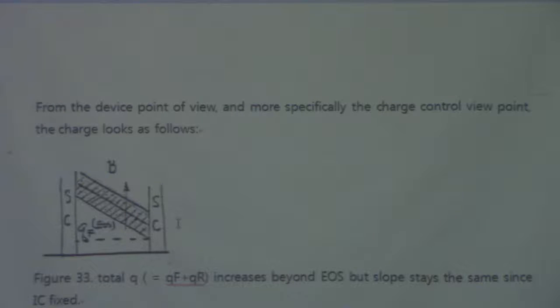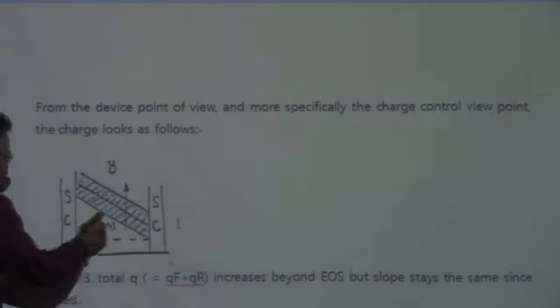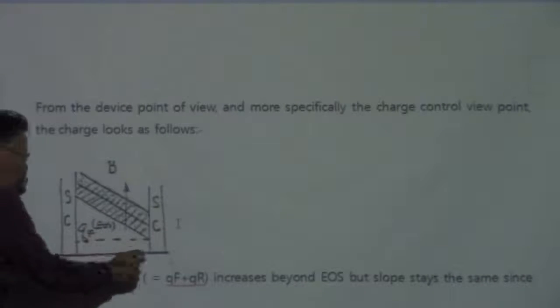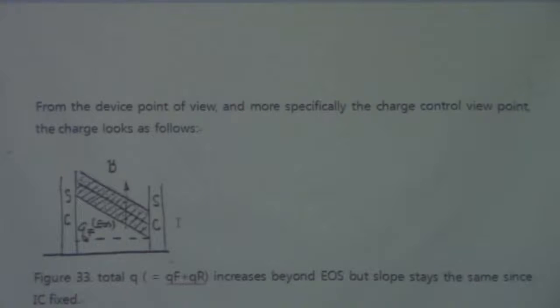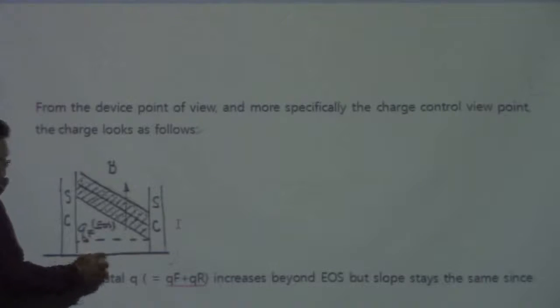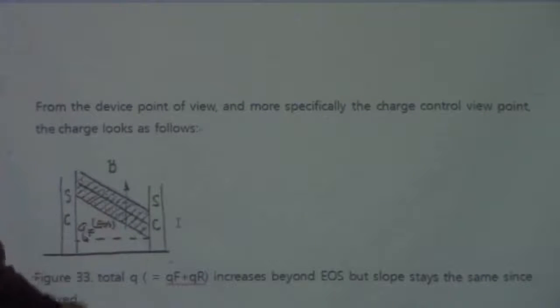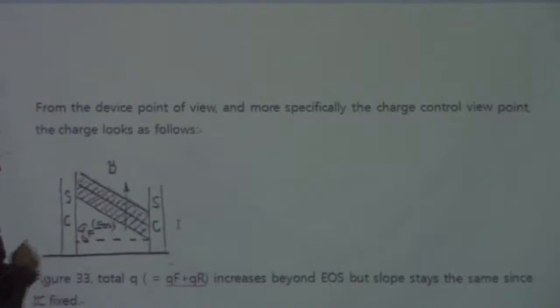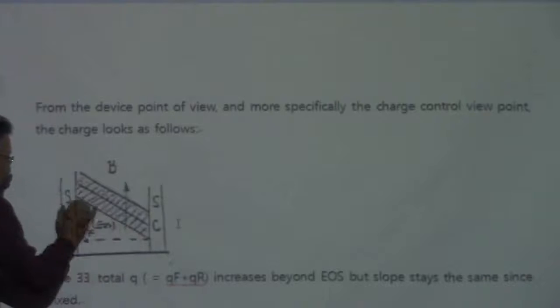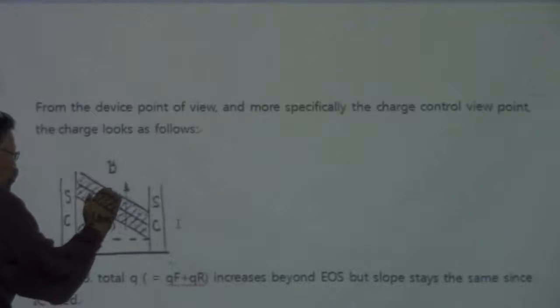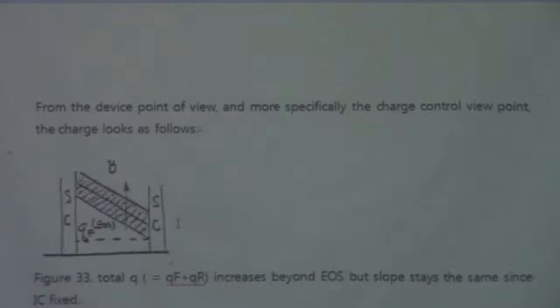So from the device point of view, and more specifically the charge control viewpoint, the charges look like this. We have a charge QF here, and the slope is related to the currents that we have, right? As you increase the base current, this slope is not going to change. It maintains the same slope, and just the level is going to increase with the increase of the base current.